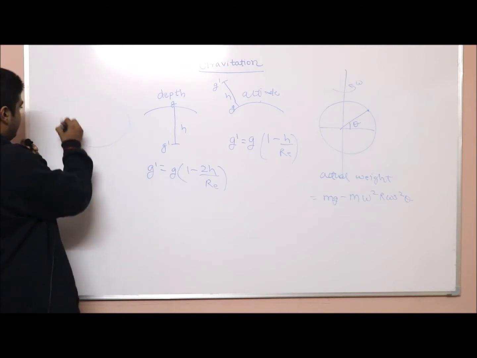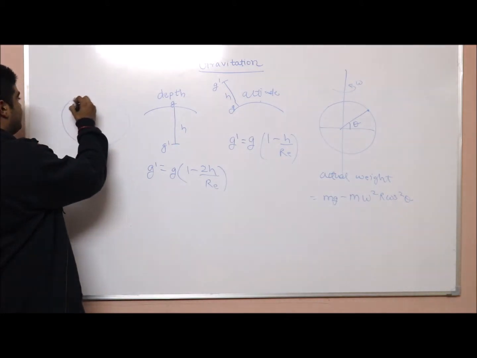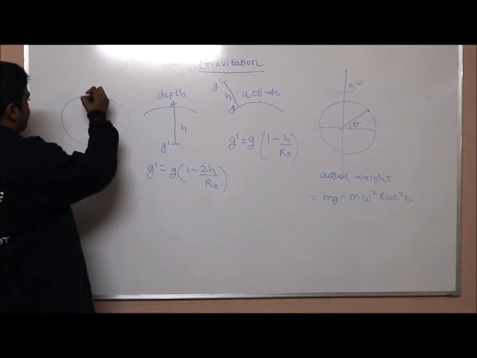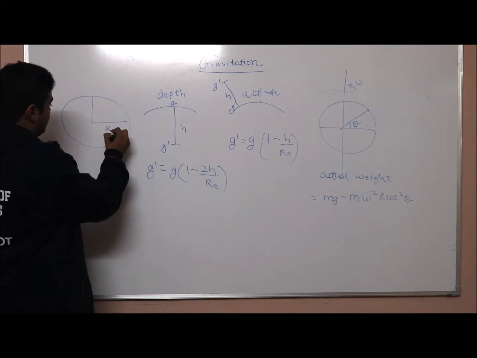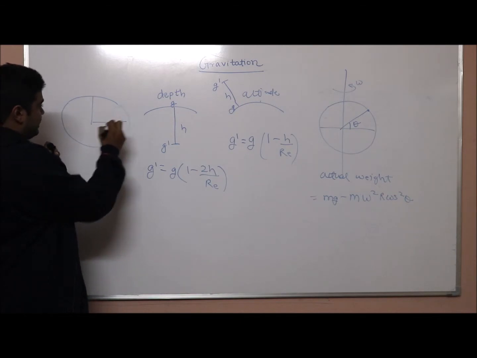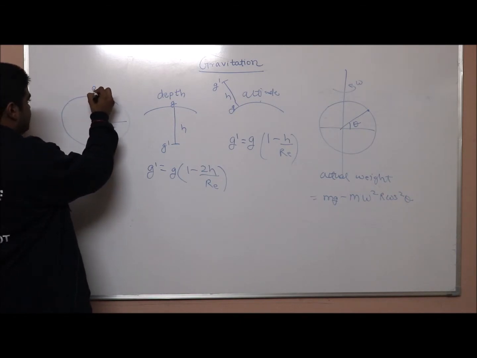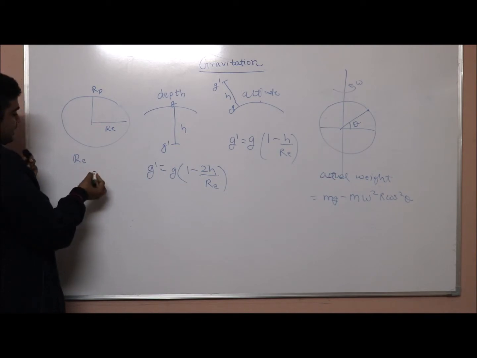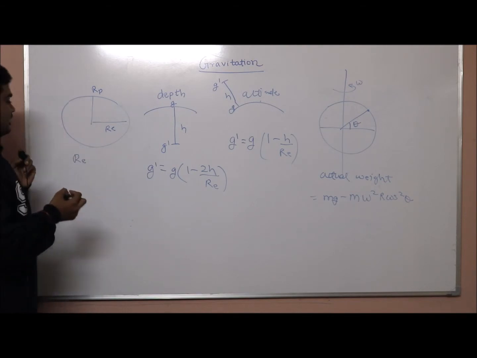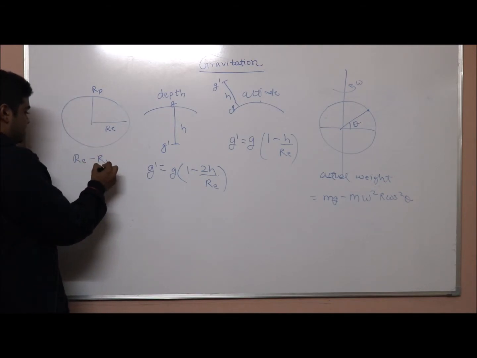Another point that I have to mention is that the radius of Earth at the equator is greater than the radius of Earth at the poles. How much is the difference?